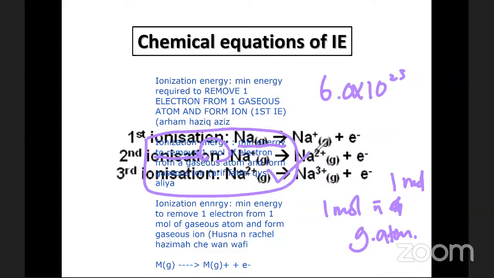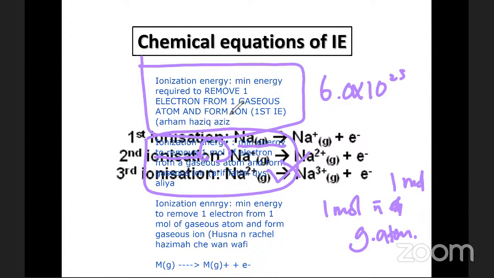Kalau dia just cakap 1 mole of electron from a gaseous atom, so dia akan salah. Tak betul. So we are not removing 1 mole of electron from 1 atom of gas. No. Kita hanya remove 1 electron daripada 1 gaseous atom. So this is a perfect definition lah.